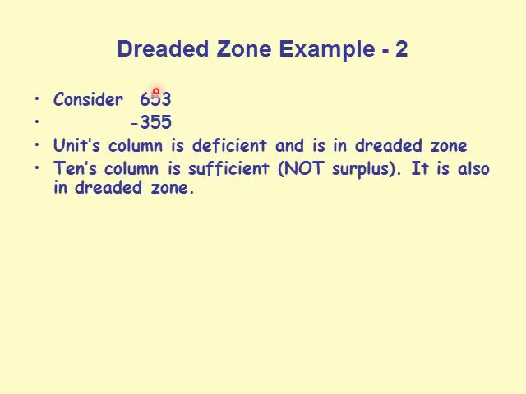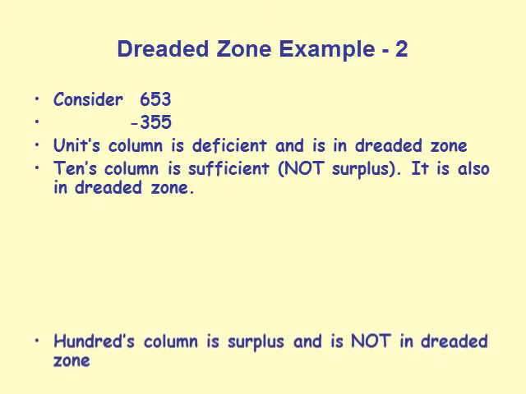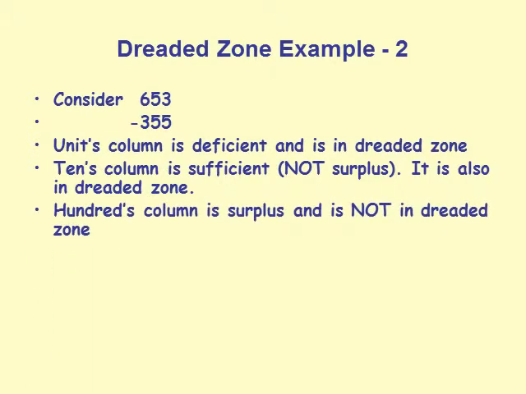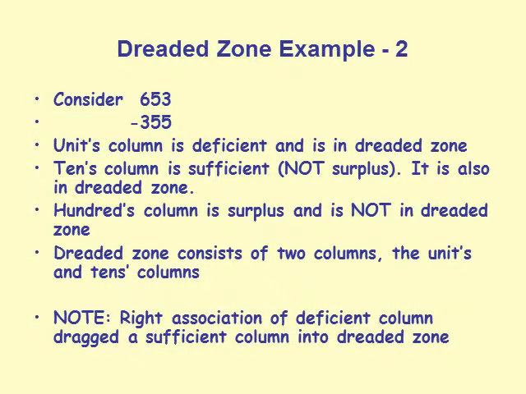The tens column is a sufficient column and not surplus. So the growth continues through this column, and this column is also in the dreaded zone. In the hundreds column, 6 minus 3 is a surplus column and is not in the dreaded zone. This surplus column stops the growth of the dreaded zone to the left. In this case, the dreaded zone consists of 2 columns, the units column and the tens column.